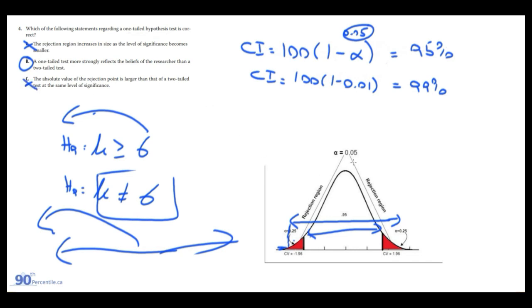For a one-tailed test, the way to think about it is this chart here is a two-tailed test, so we can either reject on this side or on this side.